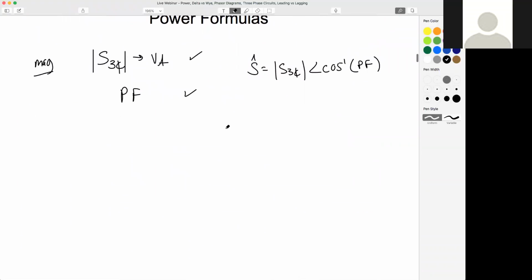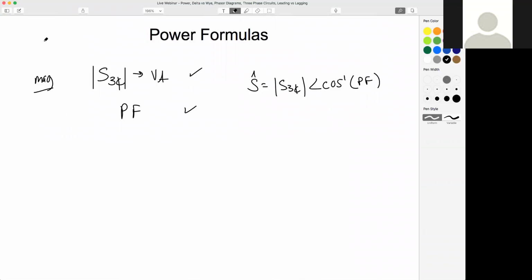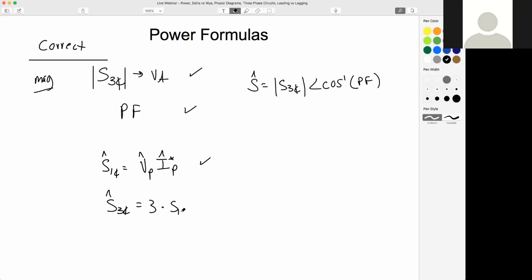So let's look at a few of the other correct ways. So I'm going to say this is correct. A few of the other correct ways: single phase complex apparent power is our phase voltage and our phase current conjugate. That's perfectly okay. Our three-phase power is always going to be 3 times our single-phase power for a balanced system. In other words, when our phasors are equally spaced out and the magnitudes are all even.